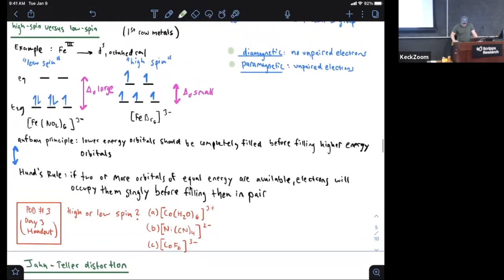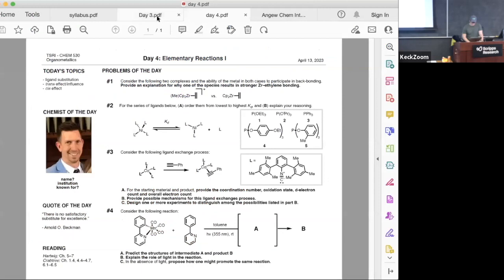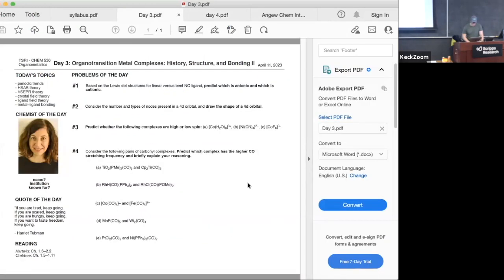Okay, so let's apply what we just covered now in a few more case studies. This one I'll give you a chance to think through on your own. This is problem of the day number 3 from the day 3 handout. If you don't have that with you, I can redraw the structures that we're asking about here. This just asks to predict whether a given complex, the 3 complexes shown, will be high spin or low spin.